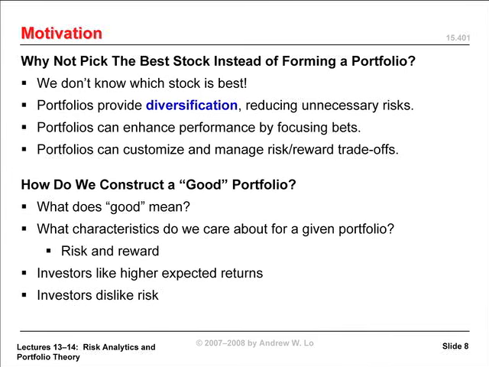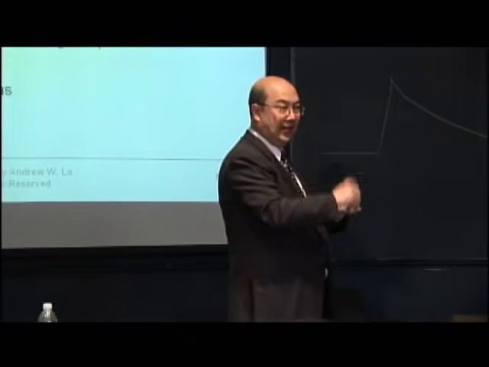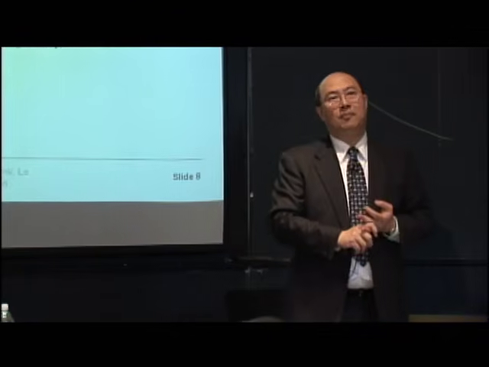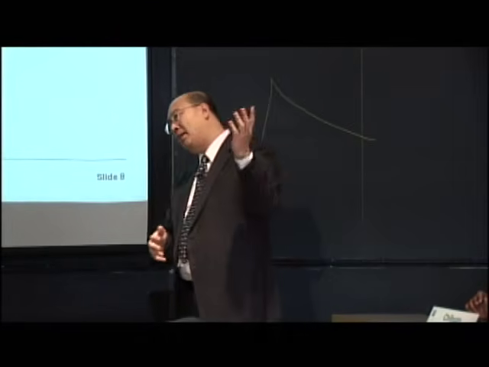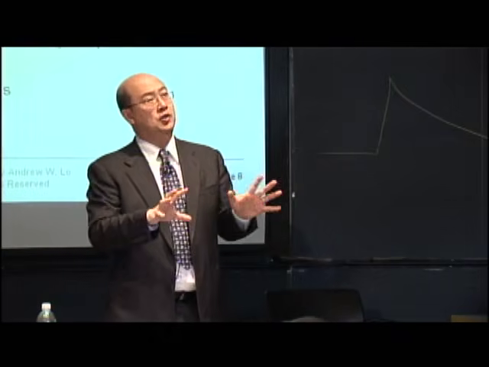There are two characteristics that we tend to focus on for purely statistical reasons. It's because those are easy to compute, and they are the first two statistics that one would look at when you're looking at an investment, the mean and the standard deviation. So you might think that naturally it would make sense to pick a portfolio that's got high mean and low standard deviation, okay? That's an assumption.